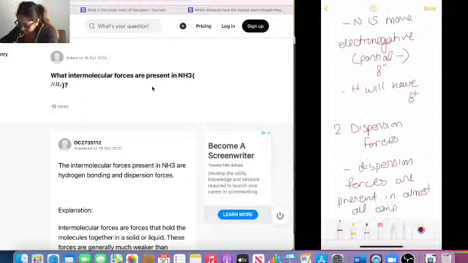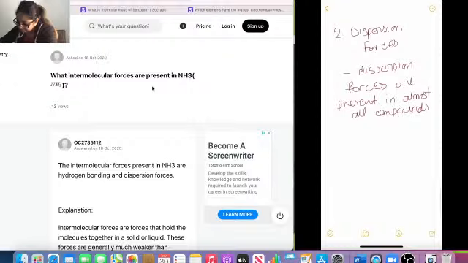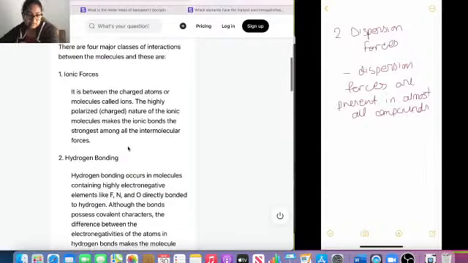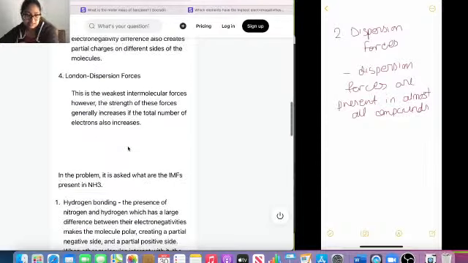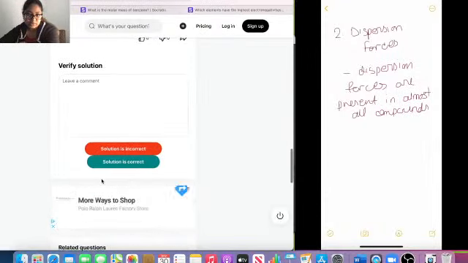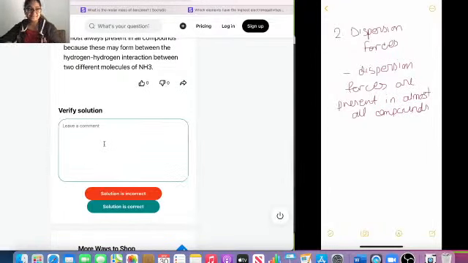So you can also say that you have London dispersion forces in ammonia. And so these are the two different interactions or forces in ammonia, which is NH3. Okay, and we can see here that they have also mentioned hydrogen bonds and dispersion forces, which is correct.